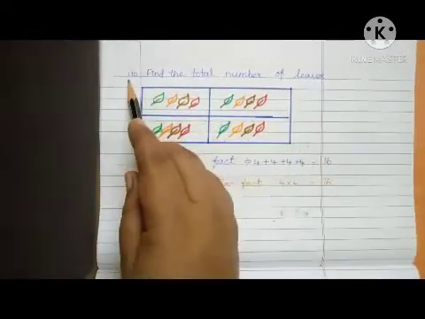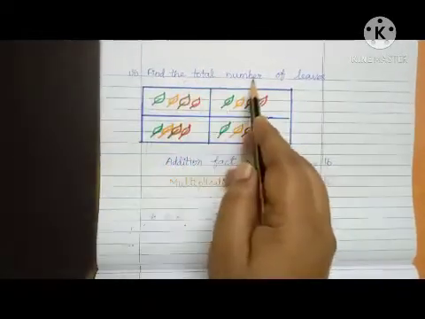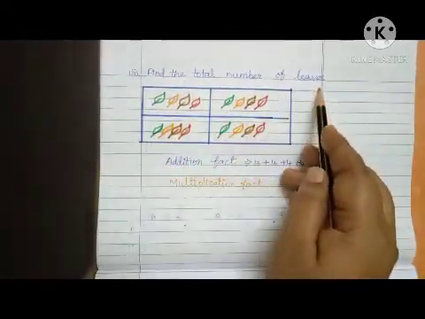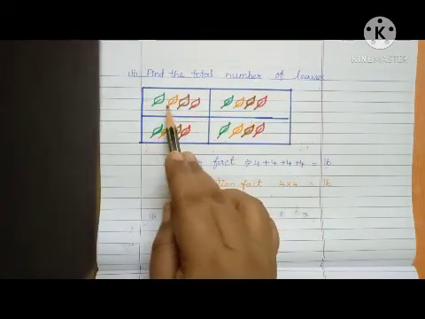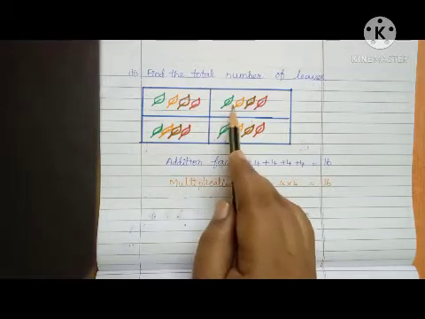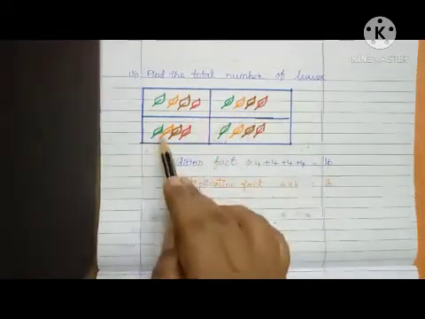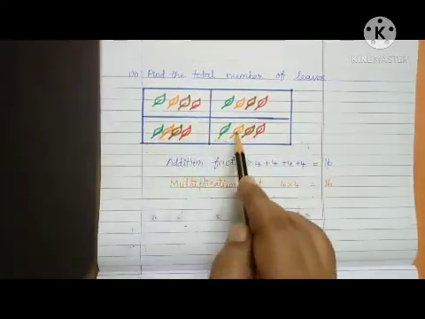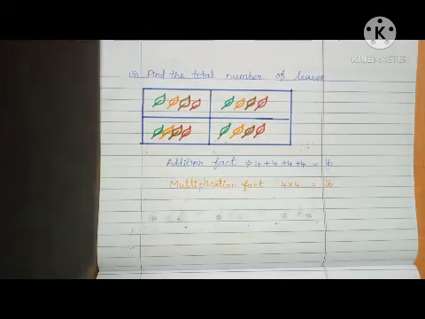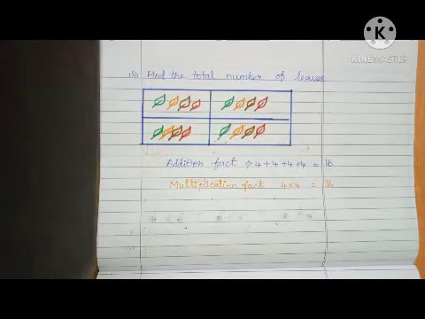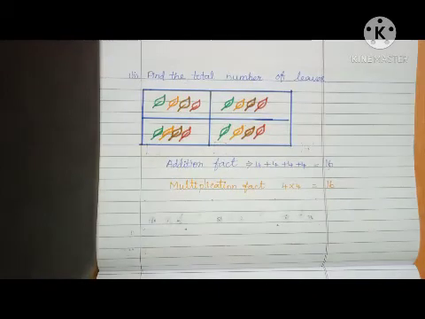Then second sum. Find the total number of leaves. Here leaves are given: 1, 2, 3, 4. 1, 2, 3, 4. 1, 2, 3, 4. 1, 2, 3, 4. So 4 groups, with 4 leaves each.